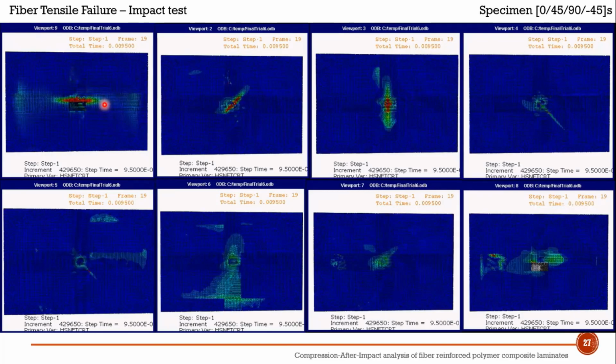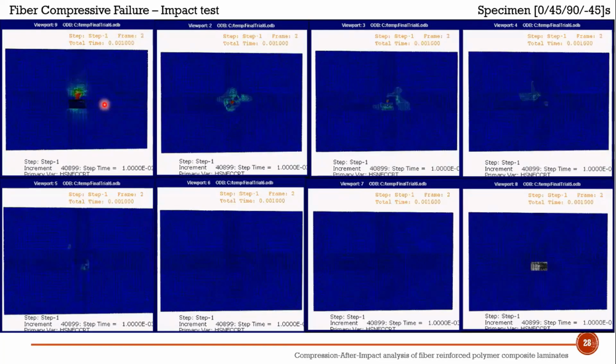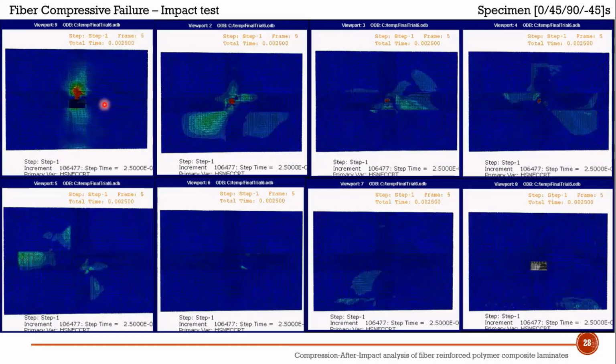There will be some matrix failure, then some delamination failures. For this particular failure, the model shows good correlation with our experimental results, which we can see through ultrasonication methods and X-ray methods, which I will show in a few slides.